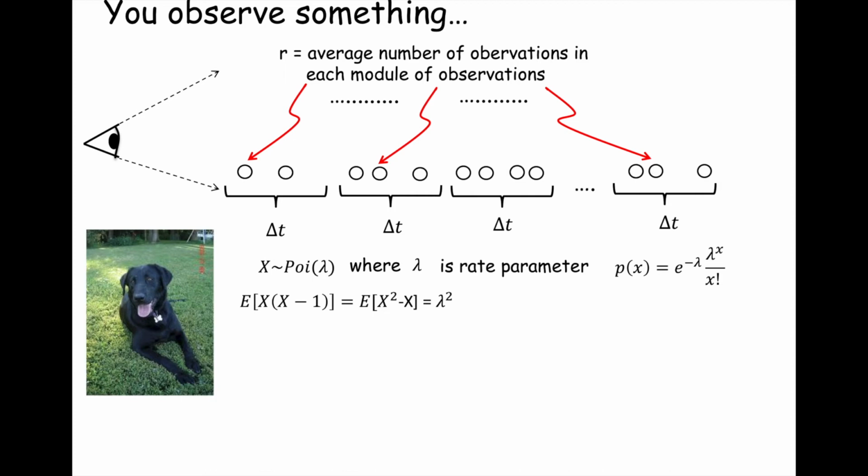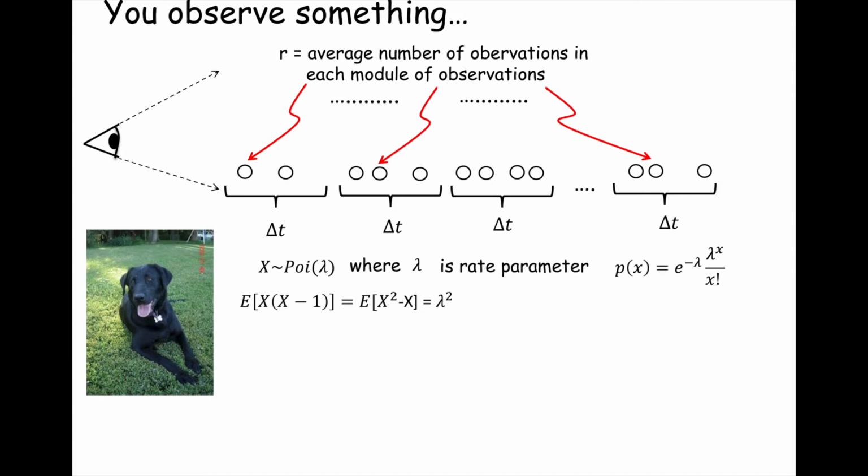And remember when we talked about the variance stuff, expectation also has the linearity property. So if I take e of x squared minus x, that's the same as saying e of x squared minus e of x, right? That's exactly the linearity principle applied to expectation.